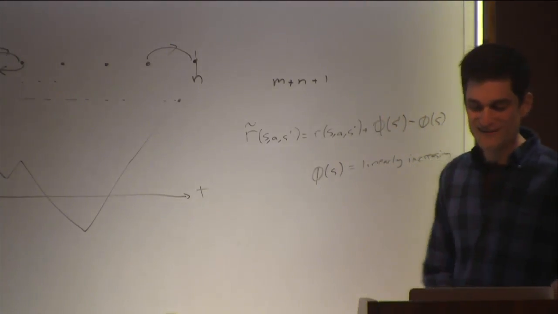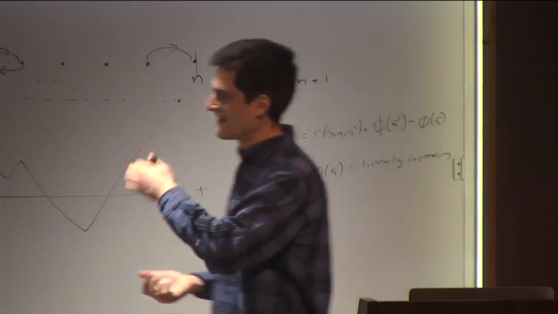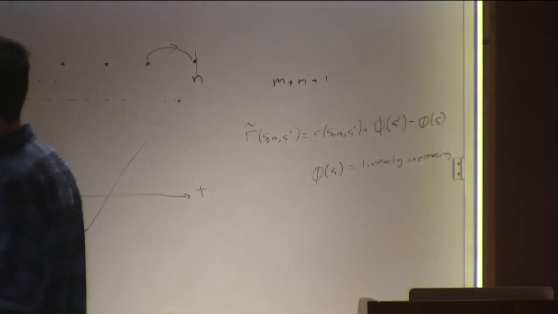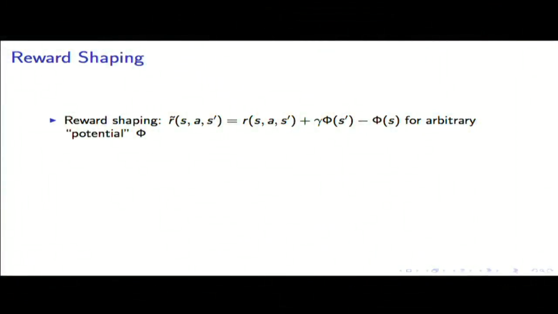So that brings us to the more formal statement of this idea. We're going to define reward shaping as a transformation of the reward function where we use a potential called phi. Phi is going to be called a potential function. And the question is, if we transform the reward this way, does this new MDP have any relationship to the old MDP?